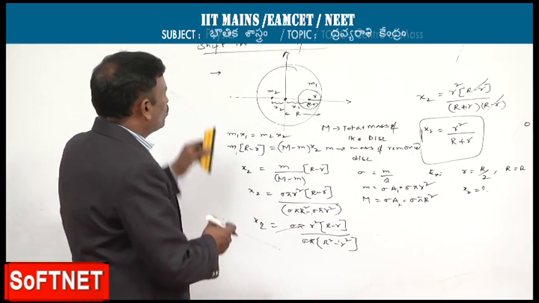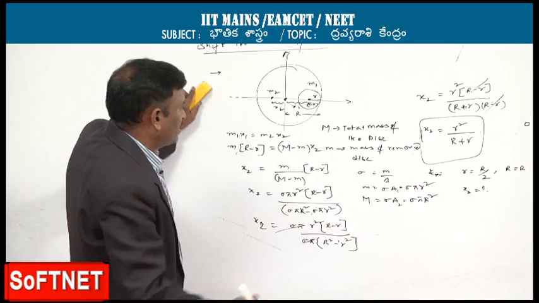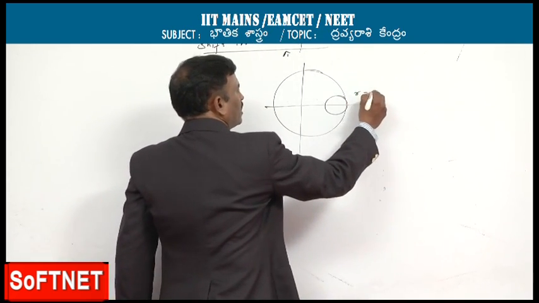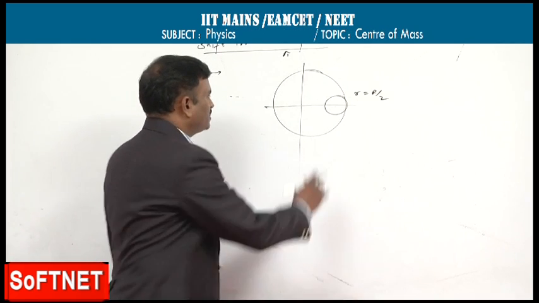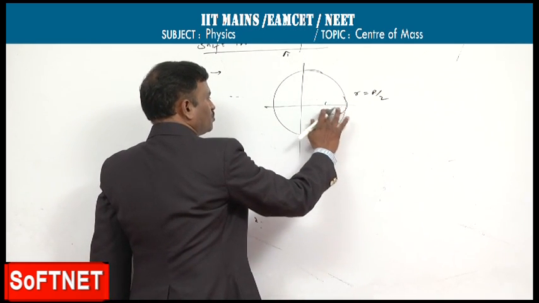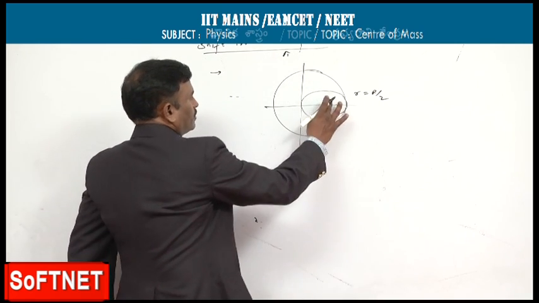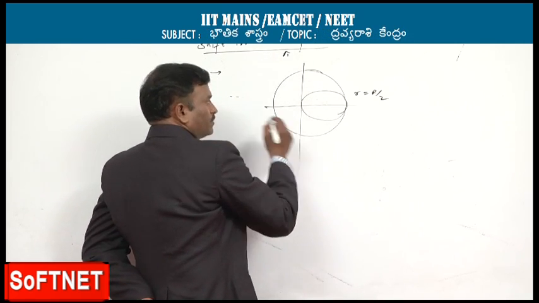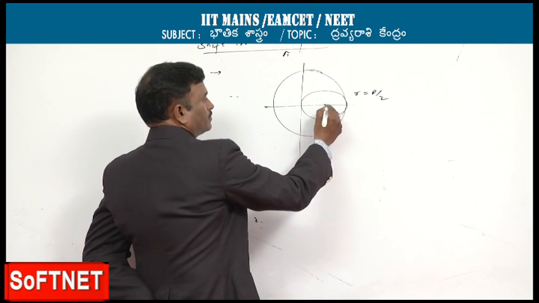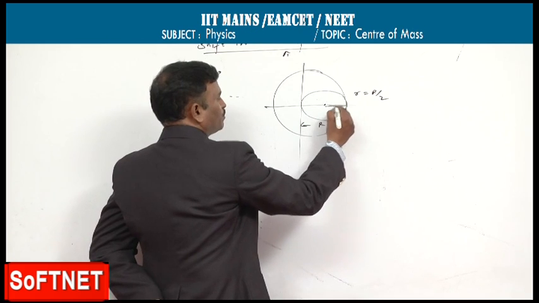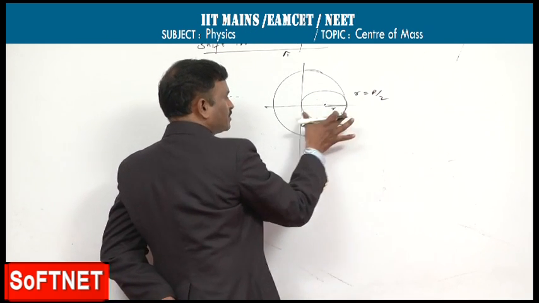Now let us see how to solve the numerical instead of doing the entire derivation. A disk of radius small r is R by 2, means the diagram we can draw like this. Here from here to here is capital R. The small r is capital R by 2.